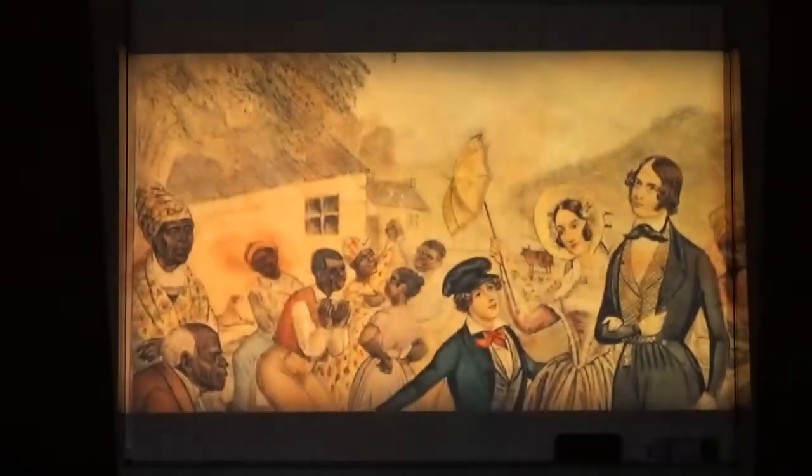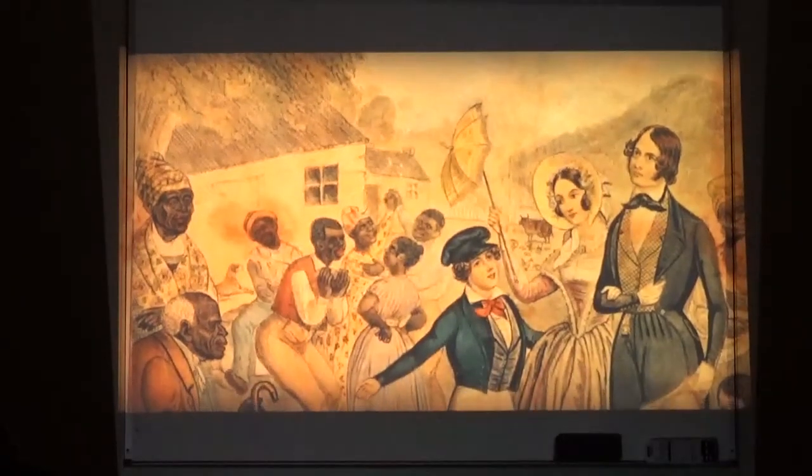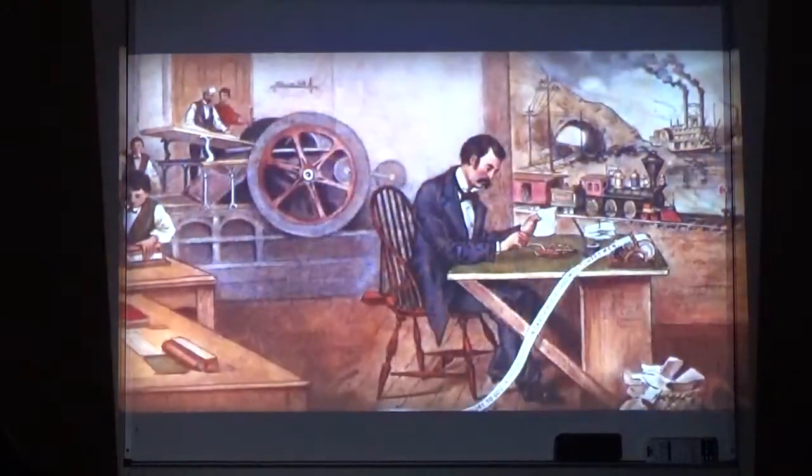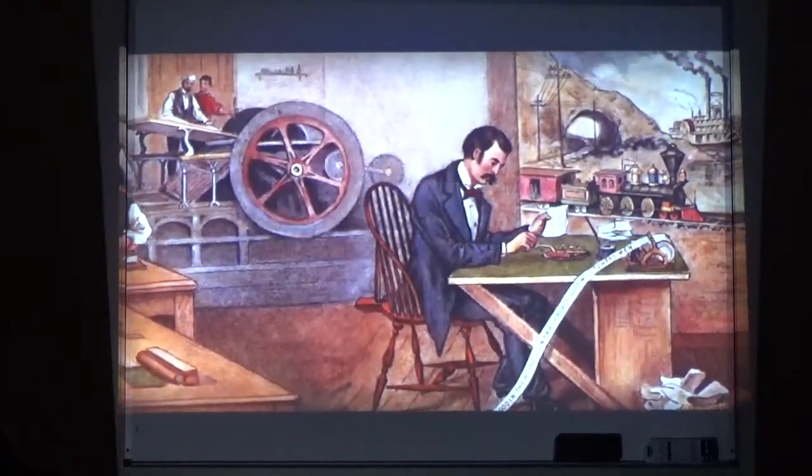Paternalism allowed masters to see themselves as benevolent and to contrast their family-oriented slavery with the cold, mercenary capitalism of the free labor North. So yeah, in the face of rising criticism of slavery, some Southerners began to argue that the institution was actually good for the social order.